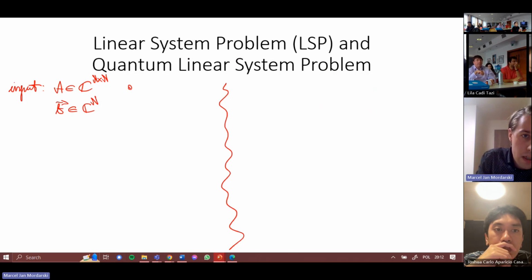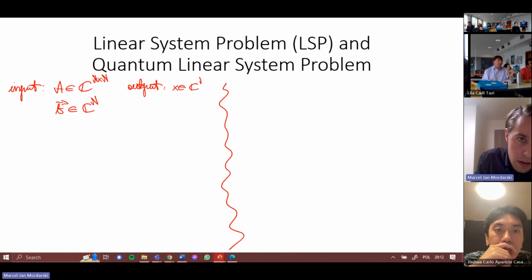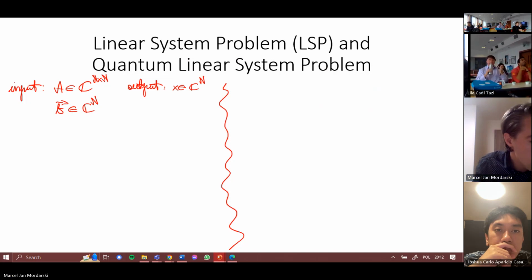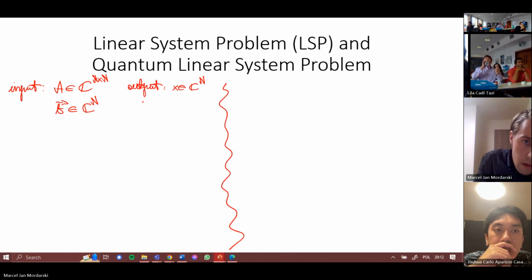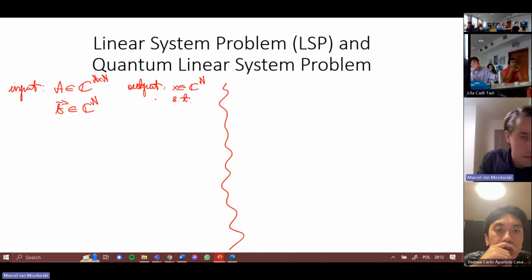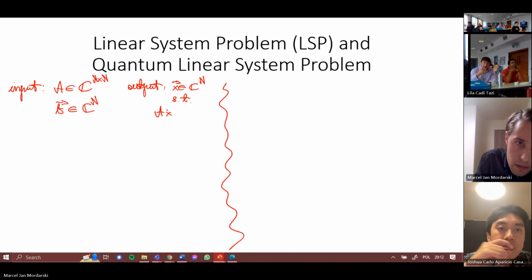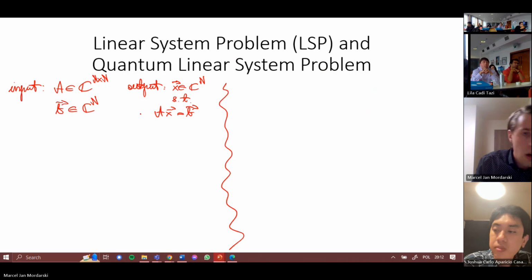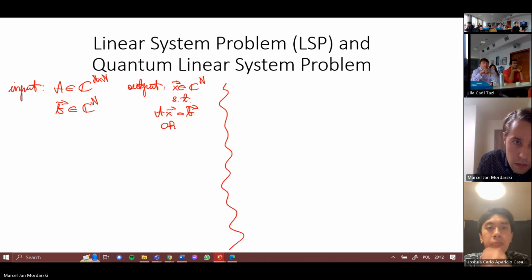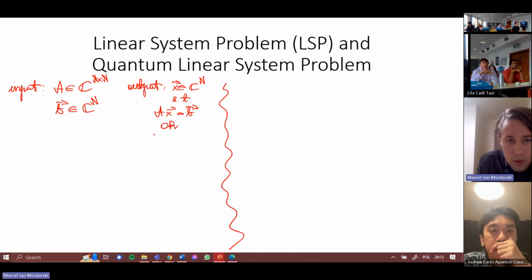And what we are after is a vector X, also with n complex entries, such that it satisfies the following equation. Or we want the information that there are no solutions.